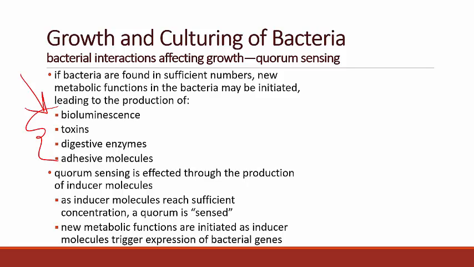or producing toxins. So quorum sensing is effected through the production of molecules that are referred to as inducer molecules. And as there are enough bacteria to produce a sufficient level of inducer molecules, then that is what allows the bacteria to sense that a quorum has been established, that there's enough bacteria.